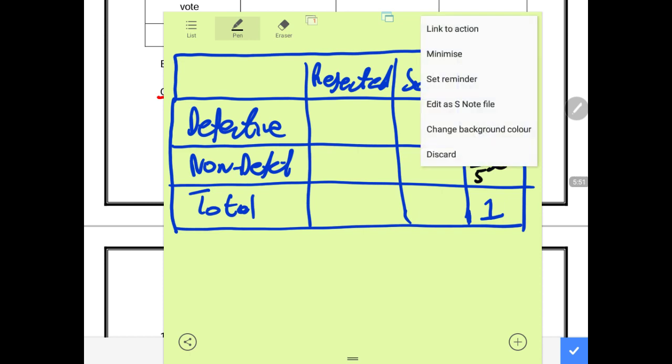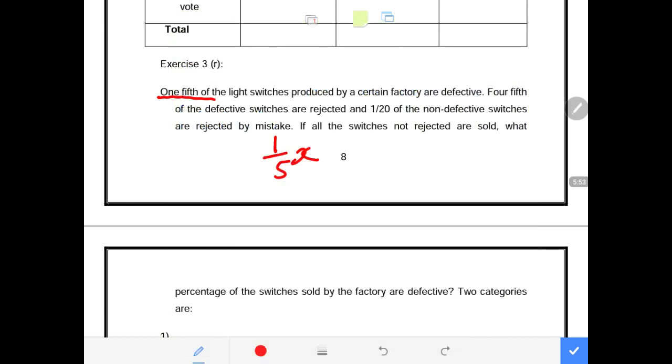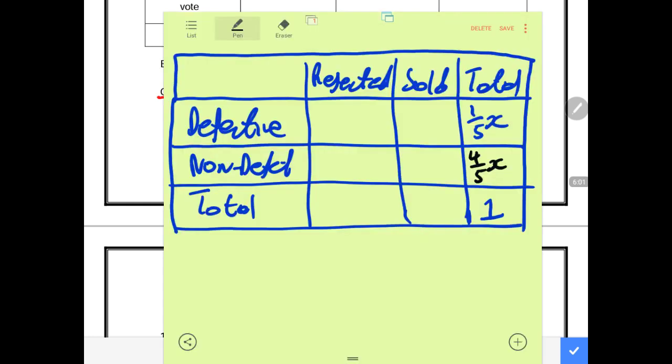Then let us go and read what else is given. They are telling us that 4/5 of the defective switches are rejected. Let us look: we have the defective total, and 4/5 of these switches are rejected.